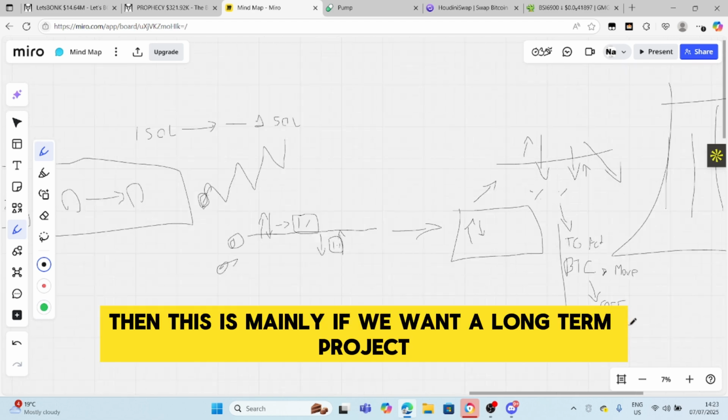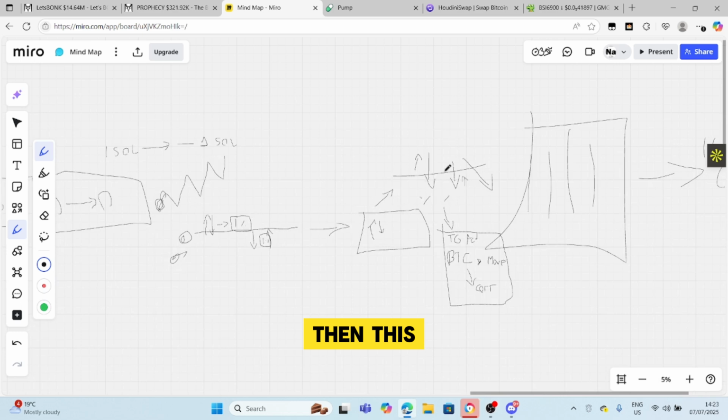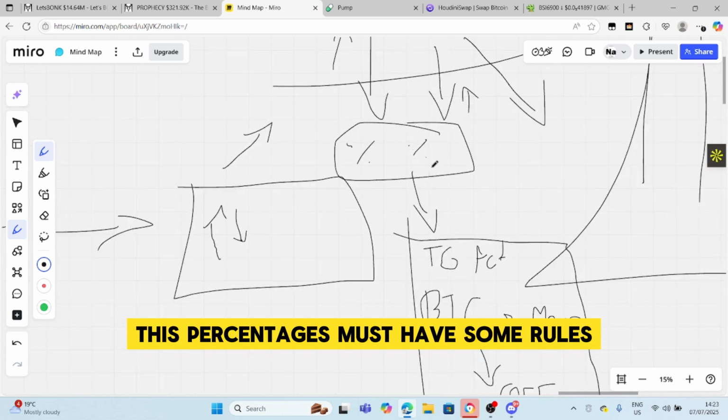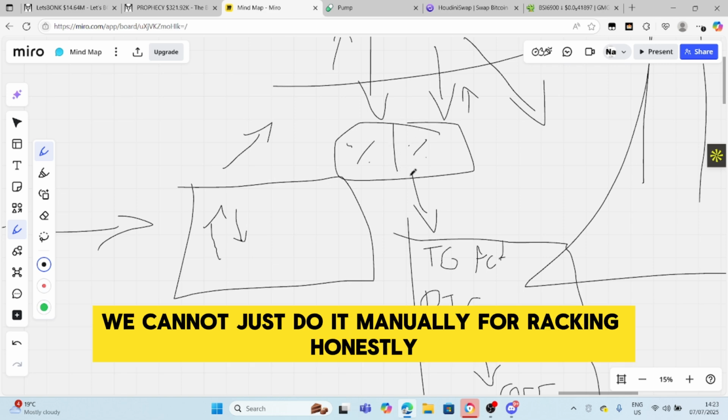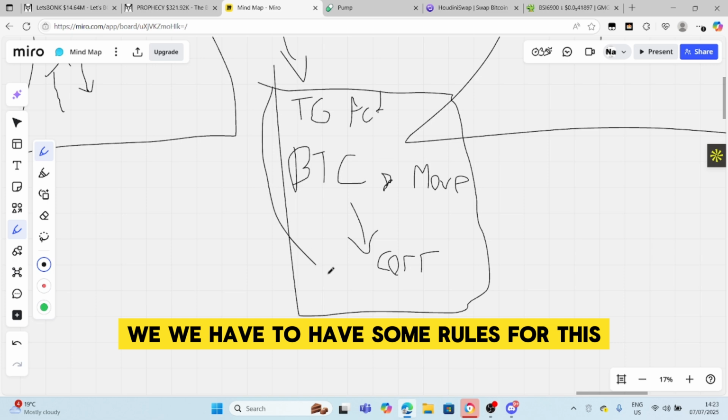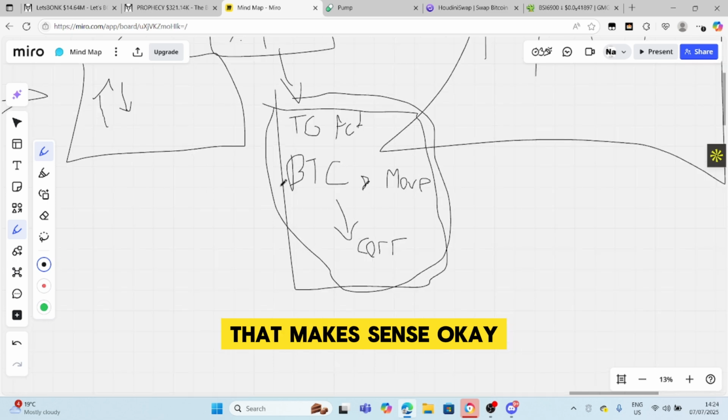This is mainly if we want a long-term project, then these percentages must have some rules. We cannot just do it manually for ragging. Honestly, we have to have some rules for this that make sense.